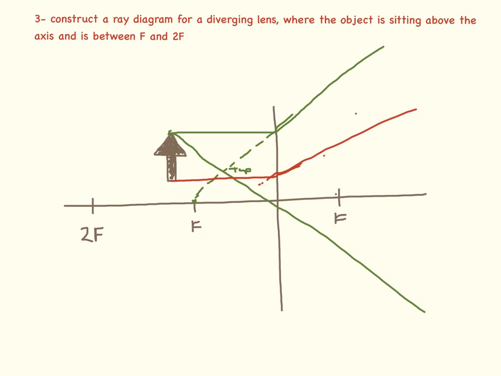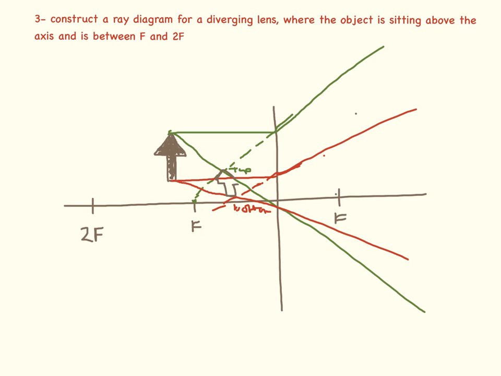Track that back, and then I need to go from the bottom through the middle. And this here is going to be the bottom. So this is going to be my object here.